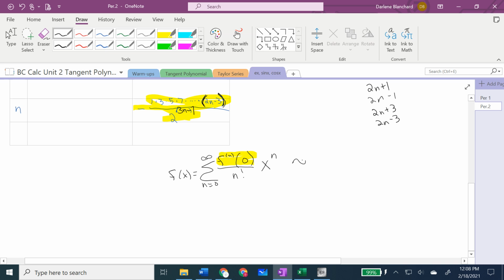So if I look at the first few terms of the polynomial, regardless of the particulars, you're getting the function value at 0 plus the first derivative at 0 times x plus the second derivative at 0 over 2 factorial times x squared.